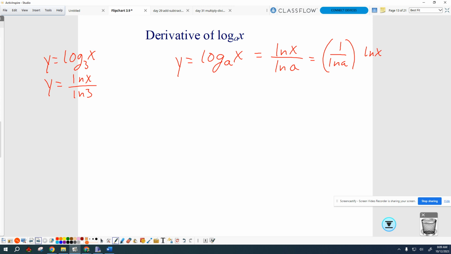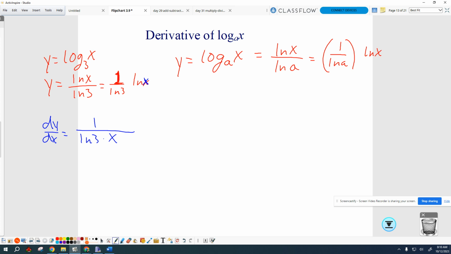Sophie, what would the derivative of this pattern be? Well, you know that the derivative of ln x is 1 over x, so it would be 1 over stuff times the derivative of stuff, which in this case was just a 1.